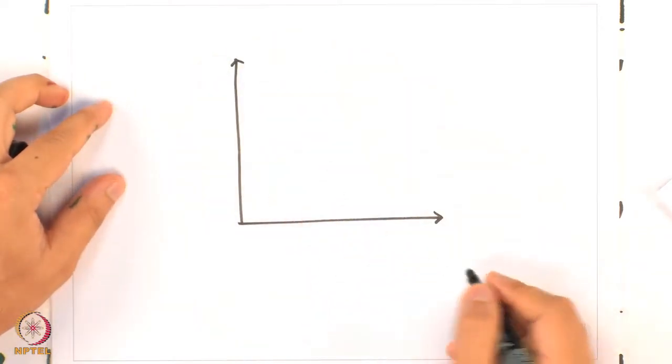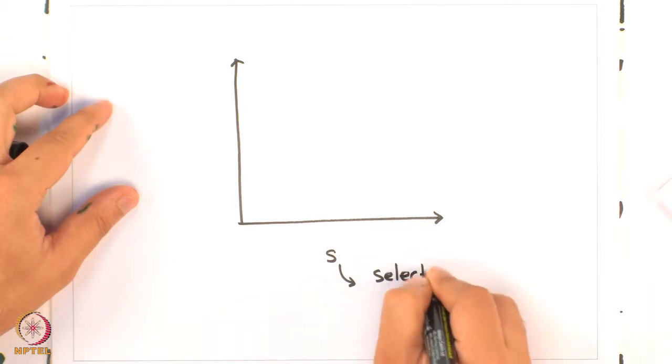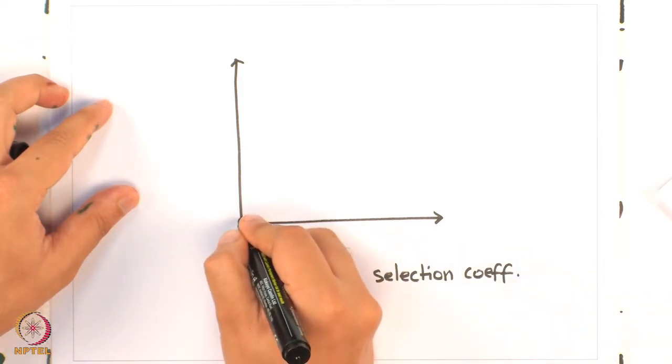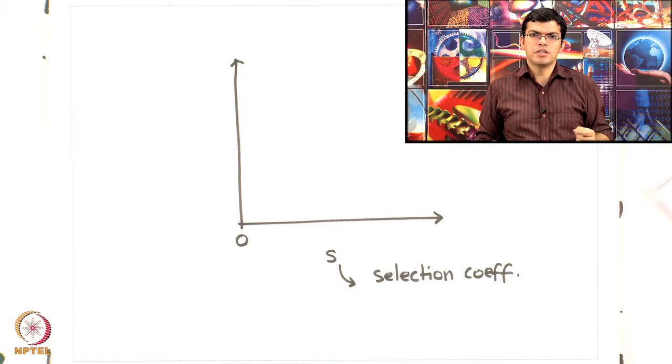On the x axis, I have S, which is the selection coefficient. And this graph starts from a value of S equal to 0. I am not interested in negative values of x, because negative values mean that this is a deleterious mutation that has happened in the mutant. Deleterious mutations are not going to get selected for; selection will make sure that they are eliminated. Hence, I am not going to worry about deleterious mutations, I am only interested in beneficial mutations, which would mean S is positive.